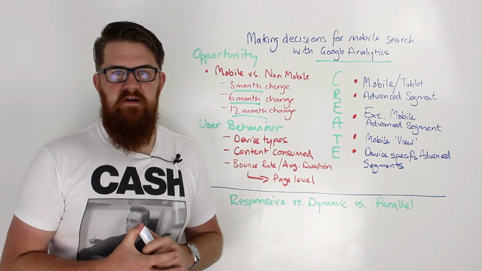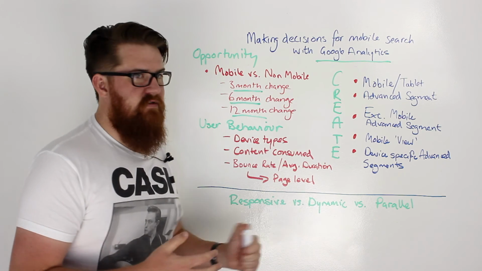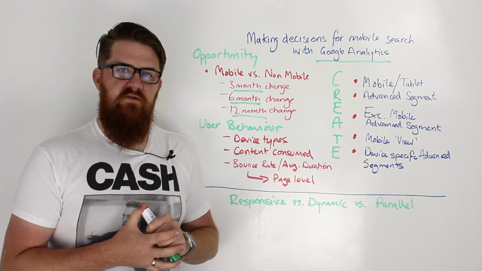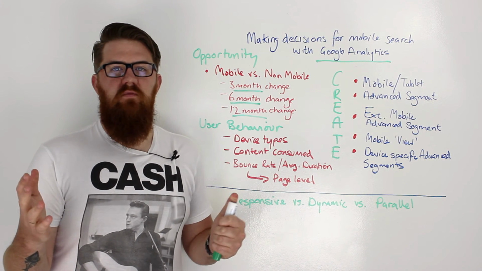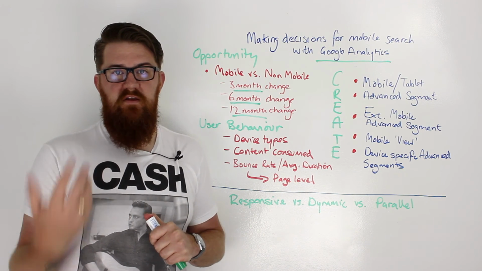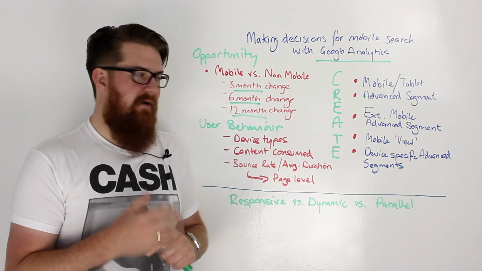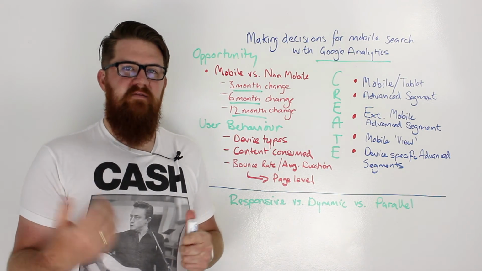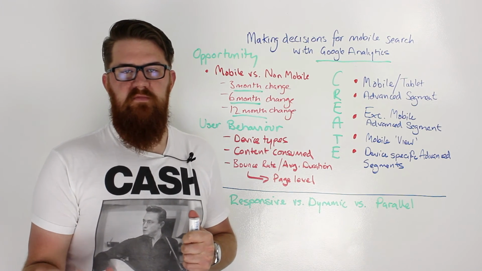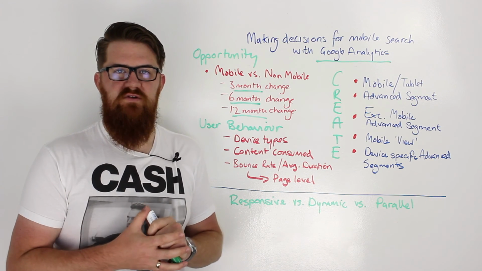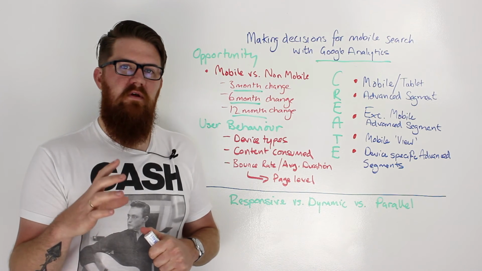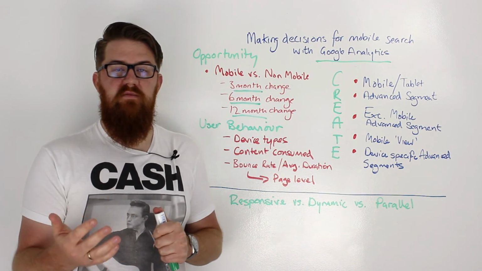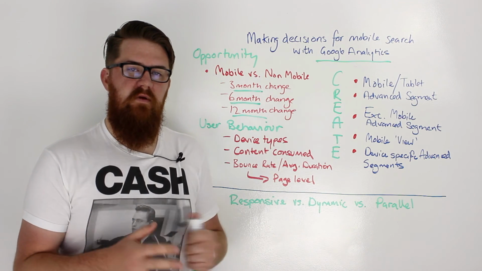For instance, with responsive design, it's a great way of obviously having one solution that adapts your page's content to the user's device. However, with dynamic serving, you can select for a particular device type or screen resolution exactly what content you want to serve up on there, which gives you a bit more flexibility in being able to target different things as well.